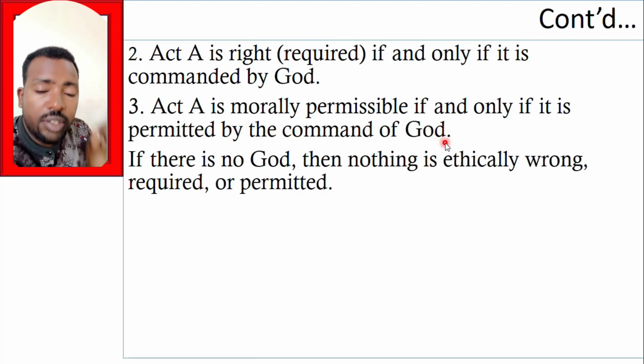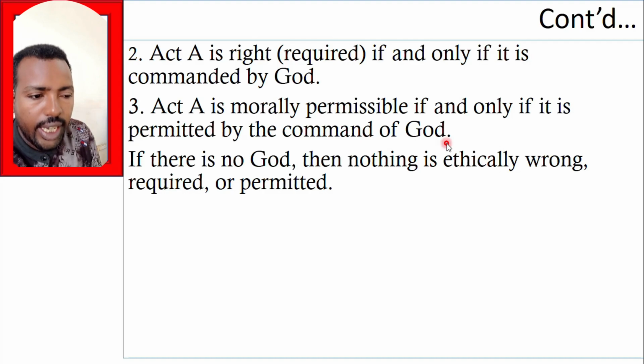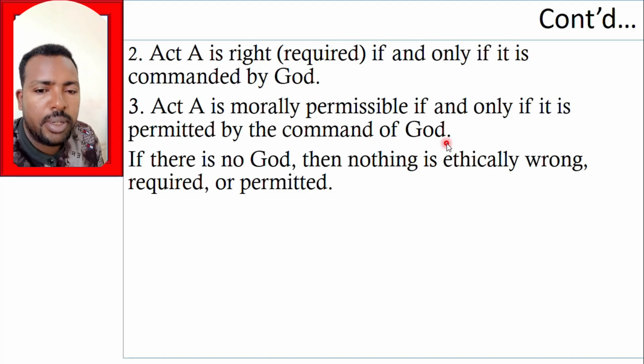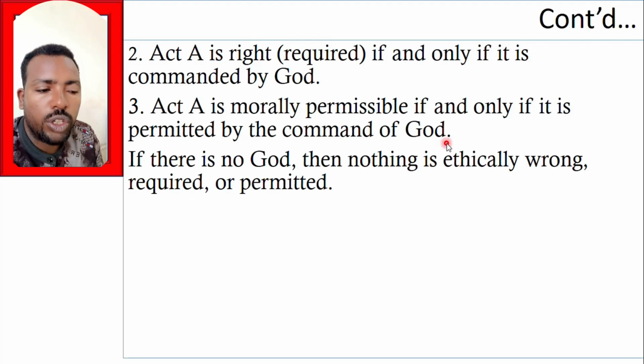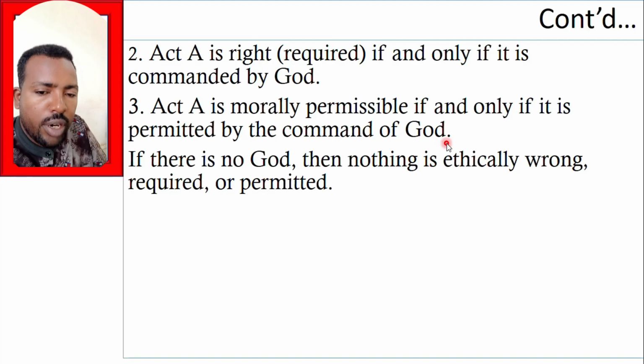So, a person should know that Act A is morally permissible if it is willed by God. Otherwise, that action is not permitted by God. So, if a person performs an action which is not permitted or required by God, Act A is morally wrong.